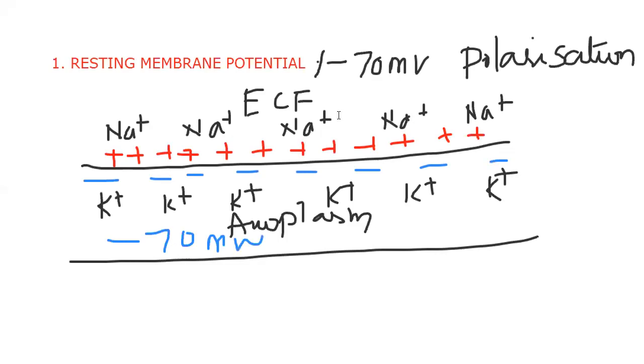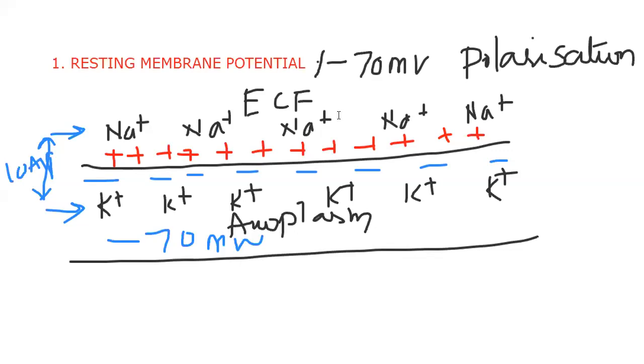So to hold the sodium ions outside and the potassium ions inside, some energy is required. That means the resting status requires energy. The example I gave was in the form of 10 ATPs.